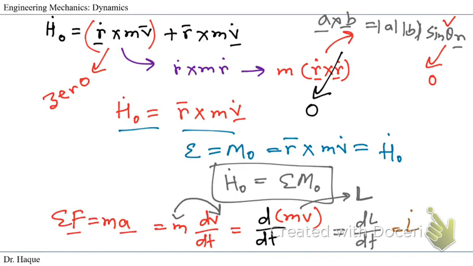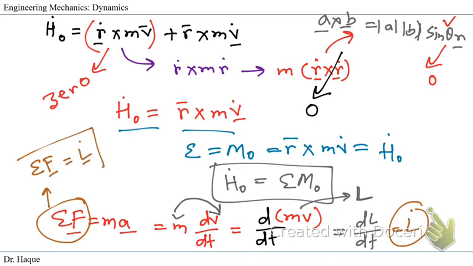So the other equation we derive here is that the summation of all the forces equals the first derivative of the momentum of that particle. So this is another equation that we solved.